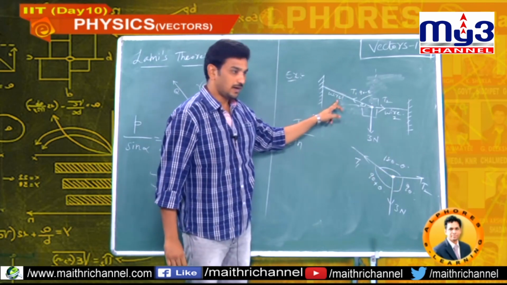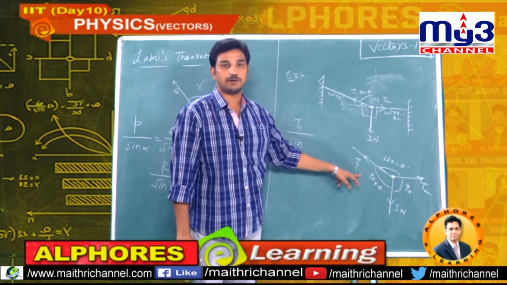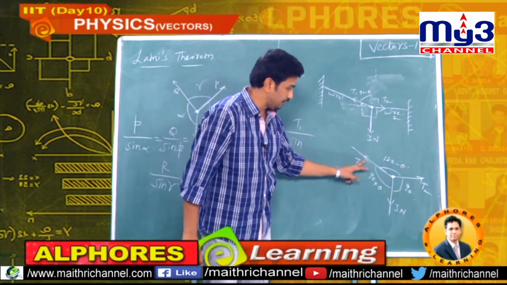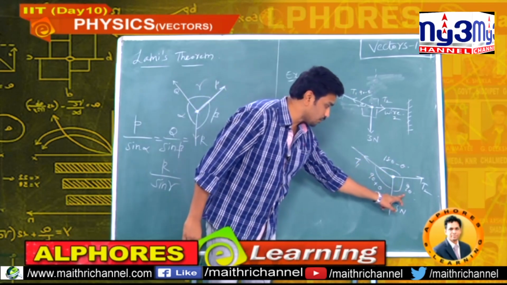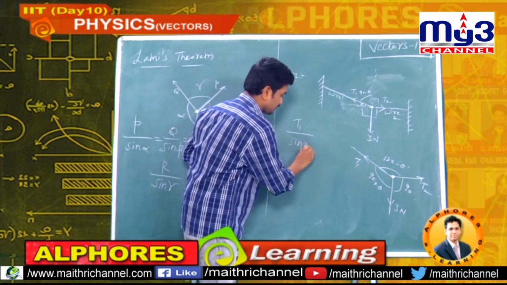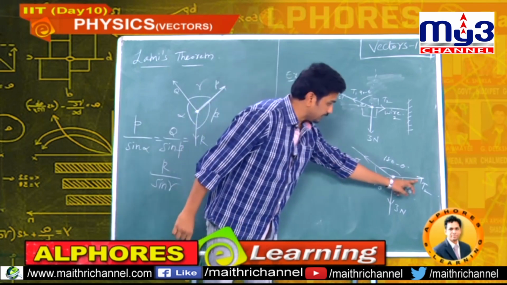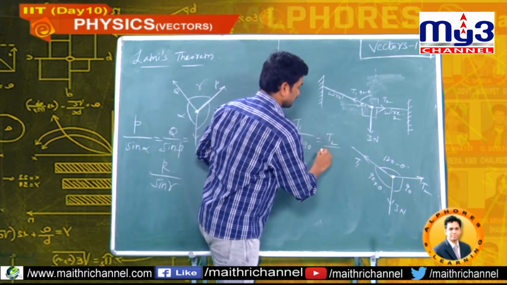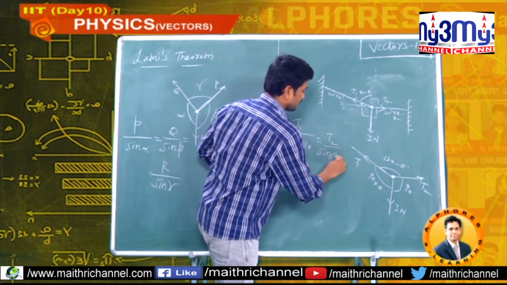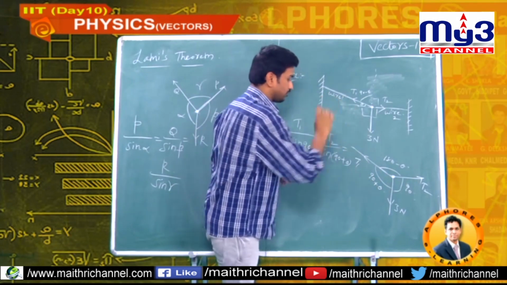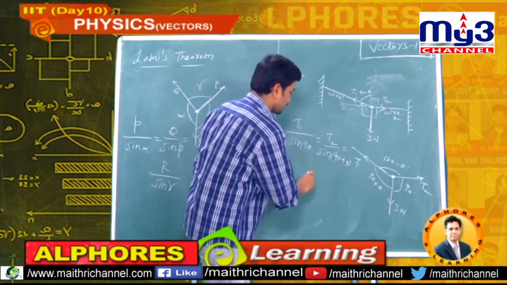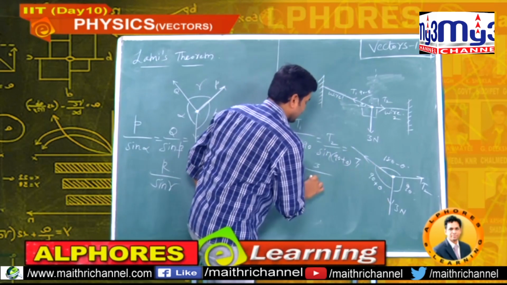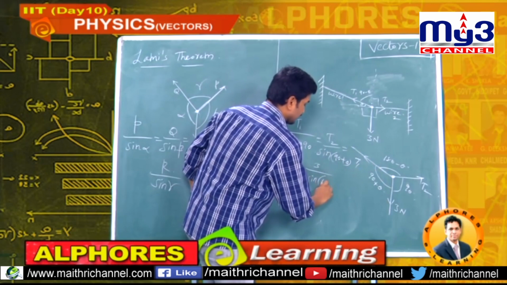Same thing, I have drawn one more diagram for better clarity. T1 by sine of opposite angle equals T2 by sine of opposite angle equals 3 newtons divided by sine of opposite angle.